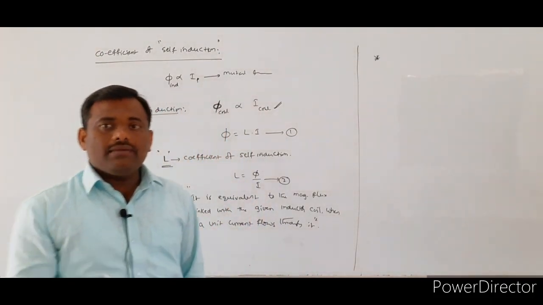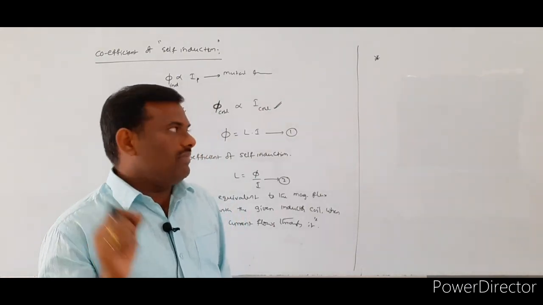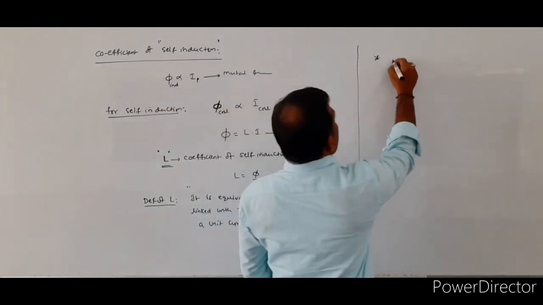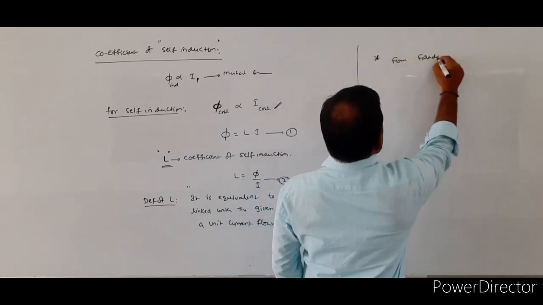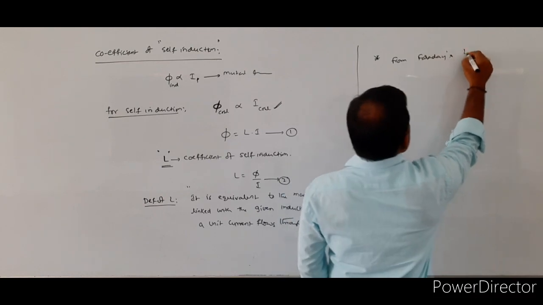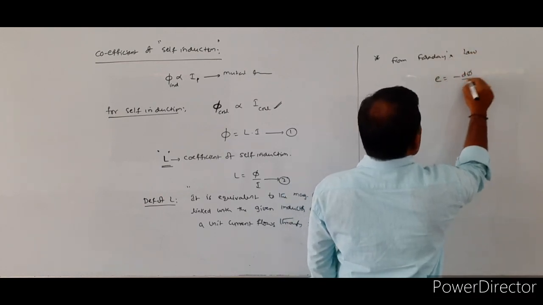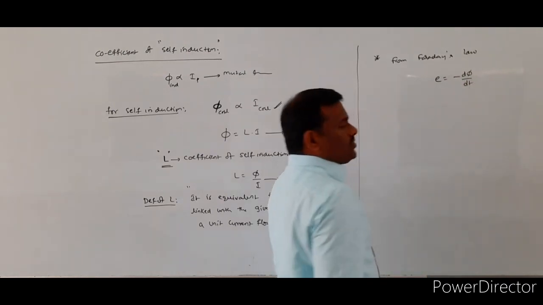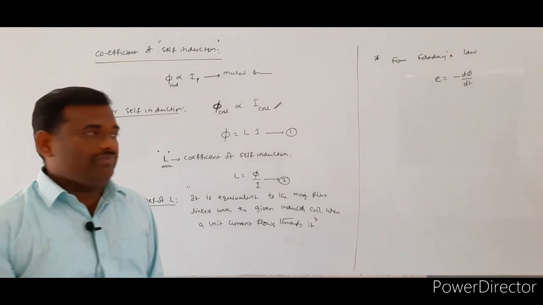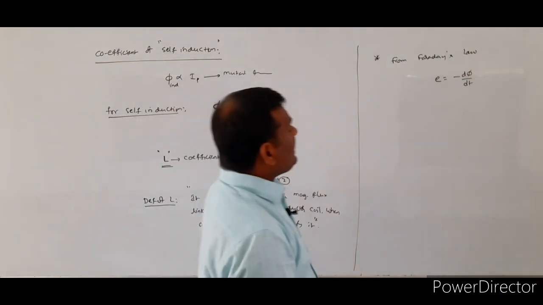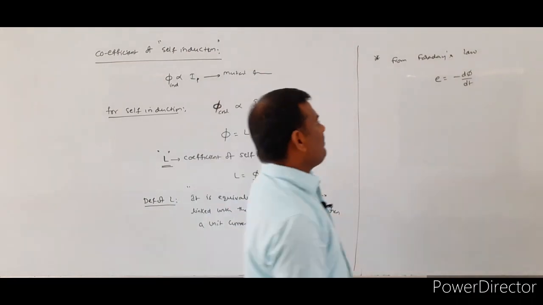That induced EMF we call the back EMF. From Faraday's law of electromagnetic induction, E is equal to minus d phi by dt.